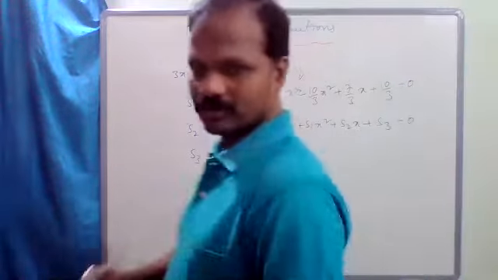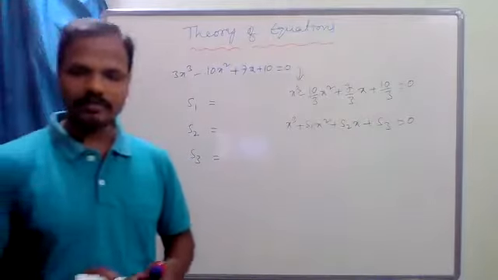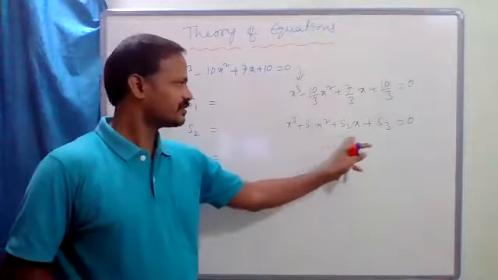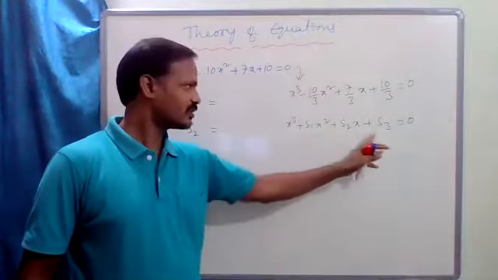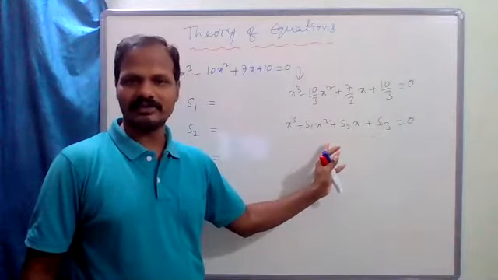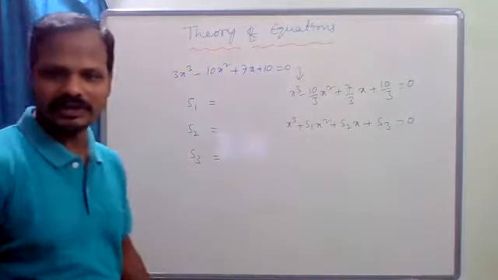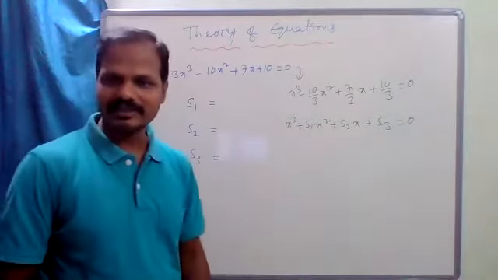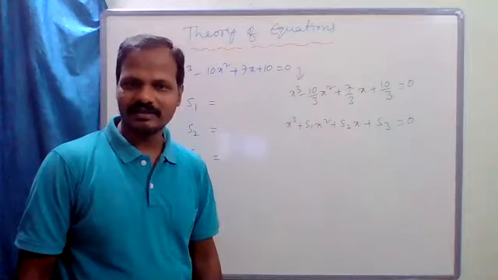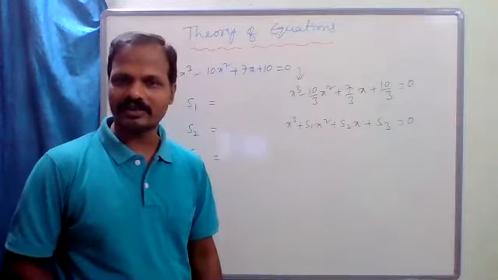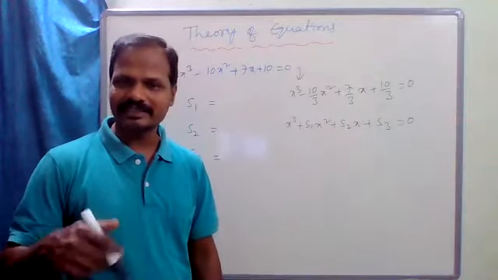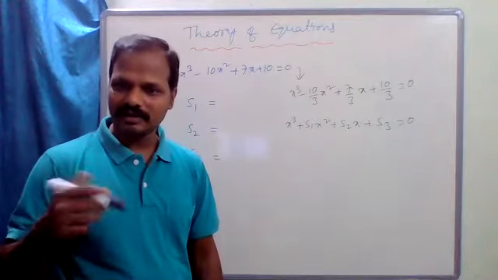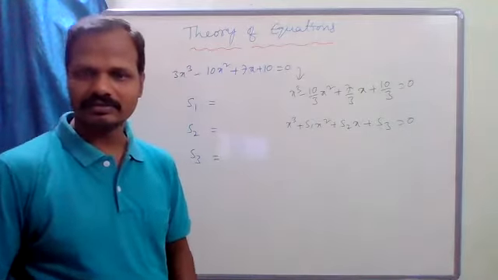Every monic polynomial can be written in this form. Here s1, s2, s3 give the relation between the roots and the coefficients. What is s1? s1 is minus a1 by a0, which is minus the x square coefficient by the x cube coefficient.